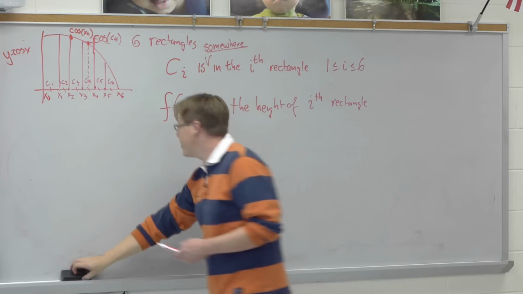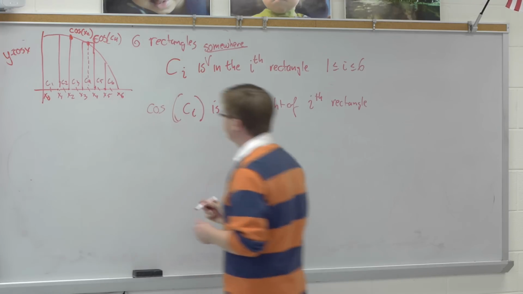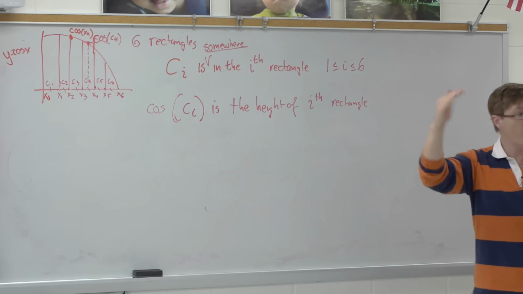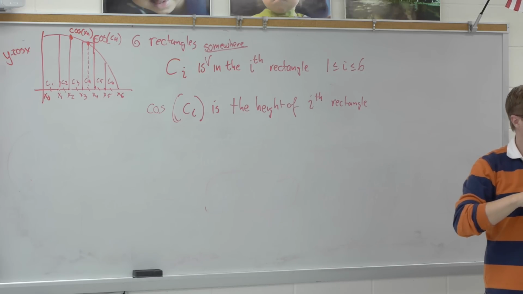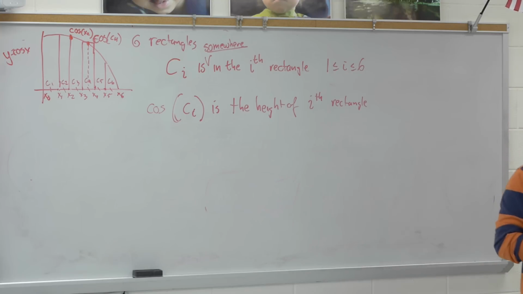So I guess instead of f, I'll actually write cosine. The same thing. So cosine of c sub i is the height of the ith rectangle. Can it be bigger or smaller than? It can be bigger. Well, it's got to be somewhere between the max and the min value, right? Because since it's in that rectangle, it's got to be in that bound.